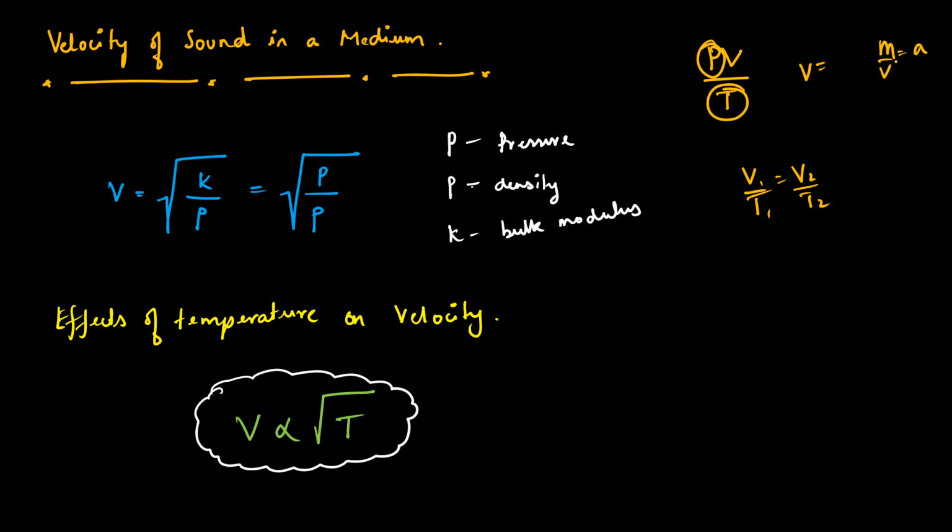So how are they related? They are inversely related. So if V and rho are inversely related, both of the inverse will be getting cancelled. And how will it be related? Inside the square root, so v will be directly proportional to the square root of T.